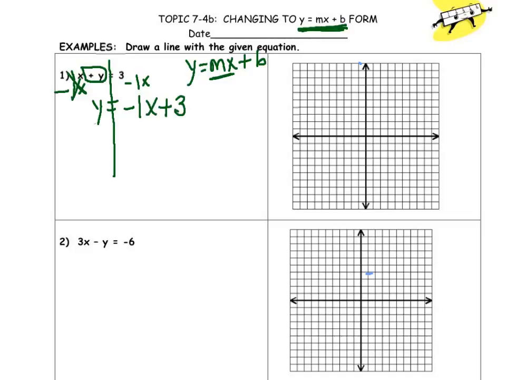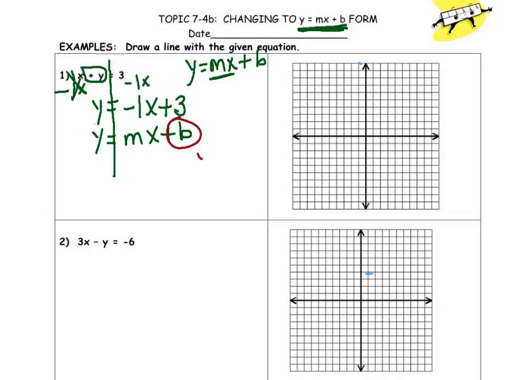Now you'll notice I have my equation in this correct form. And because of that, I know exactly how to graph this equation. Remember, you begin with your b. That's your starting point.